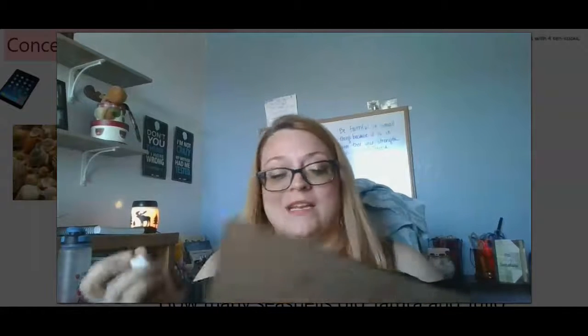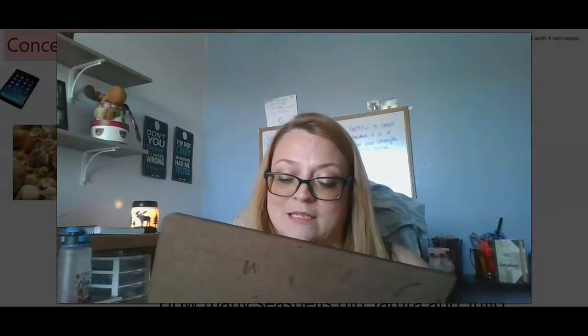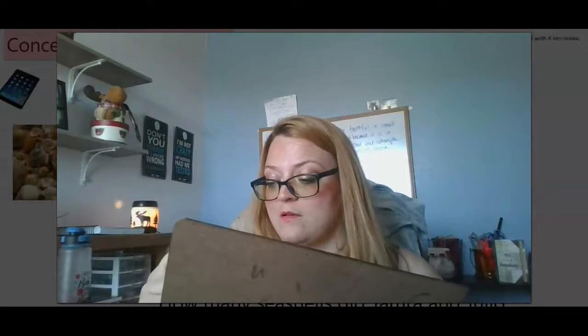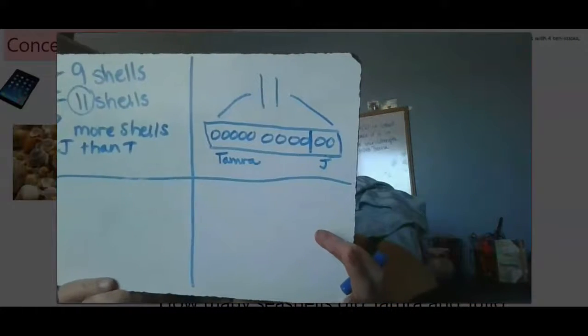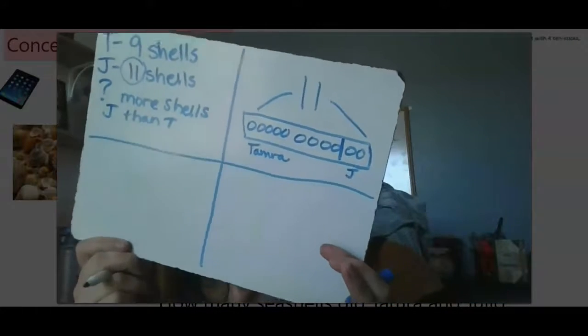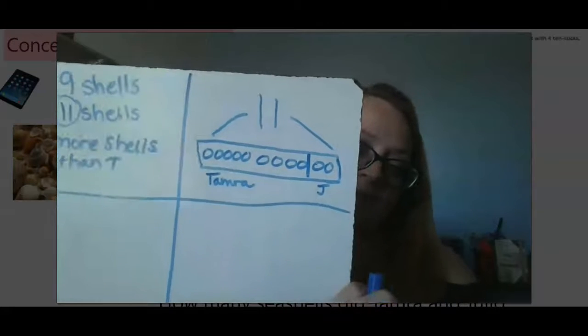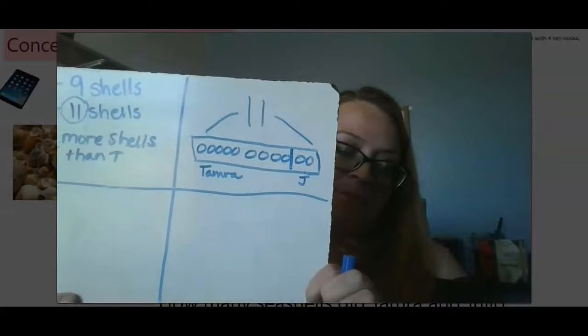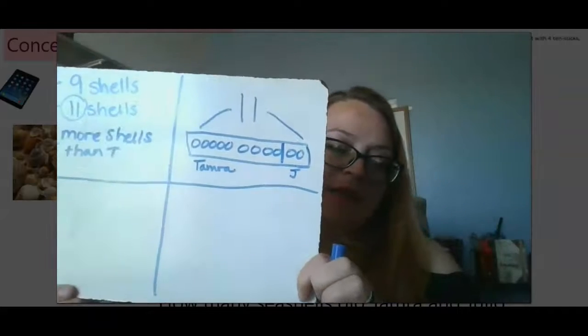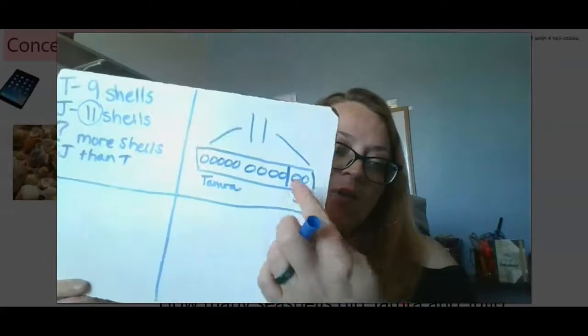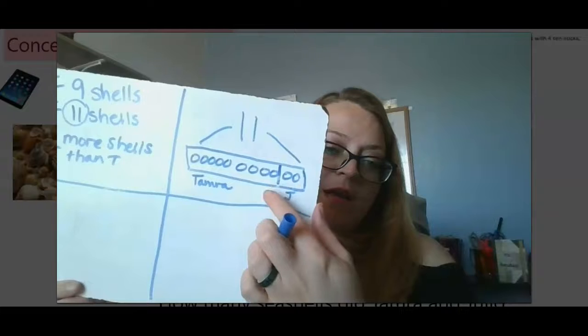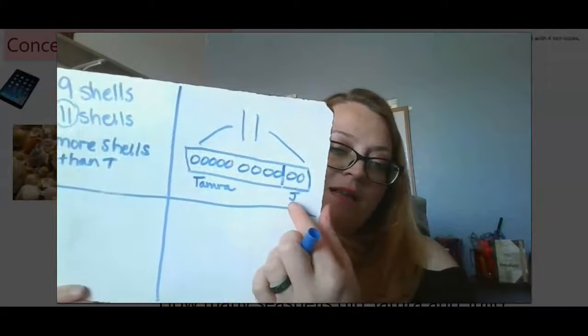And then we need to make sure that we label it, so your tape diagram should look like this, okay? There's 11 whole. How many did Tamara get? 9. How many more did Julio get? 2 more. So let's go ahead and write our number sentence starting with our whole.